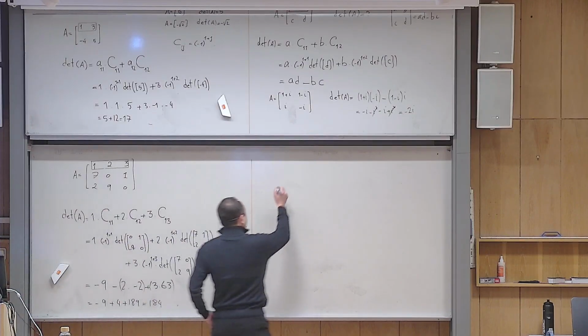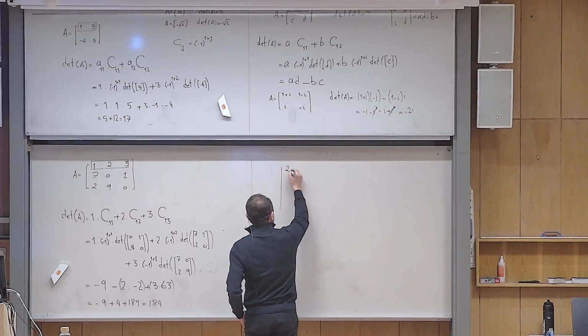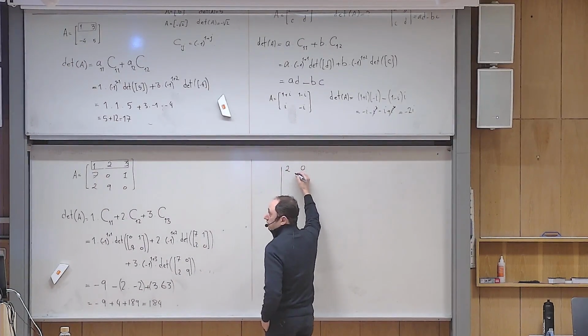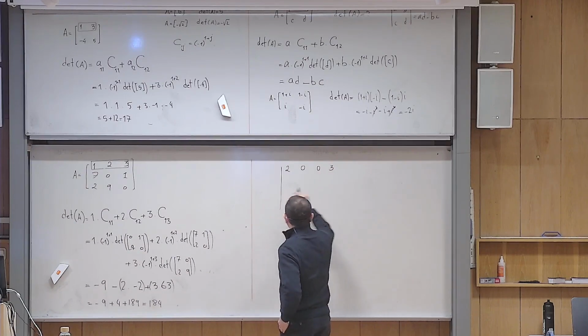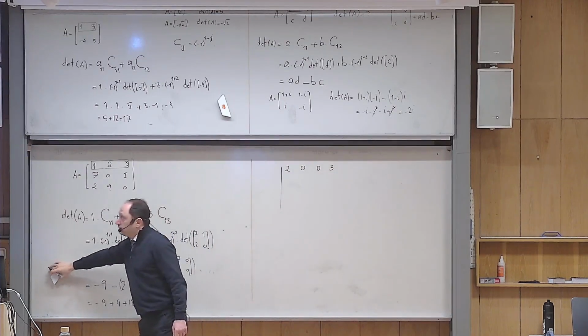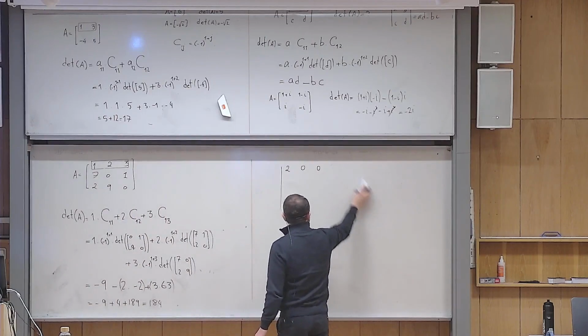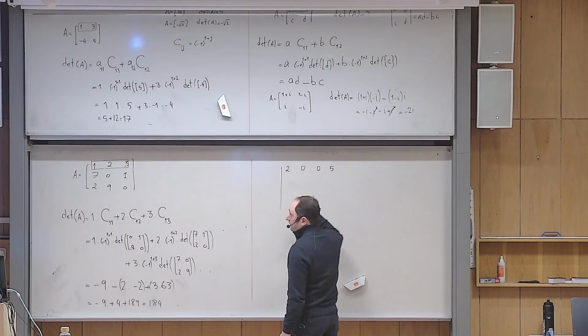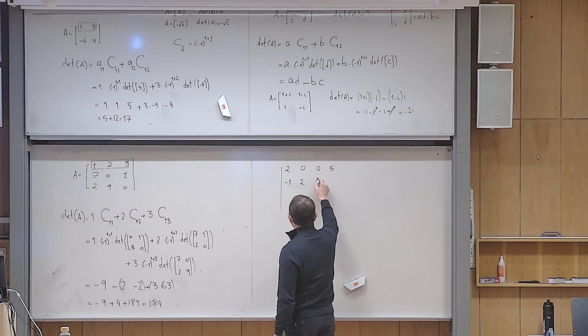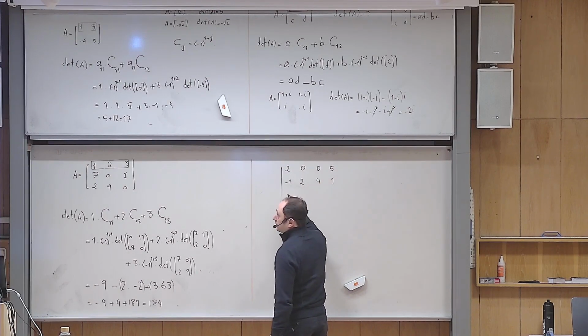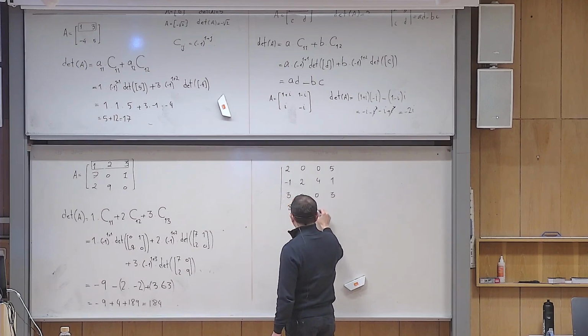We want to calculate the determinant of this block of numbers: 2, 0, 0, 3, 5; then -1, 2, 4, 1; then 3, 0, 0, 3; and then 8, 6, 0, 0.